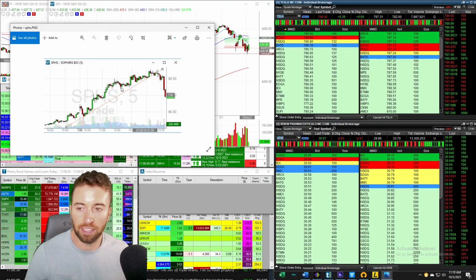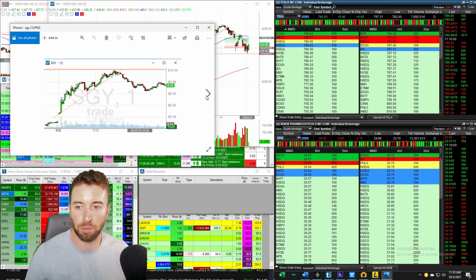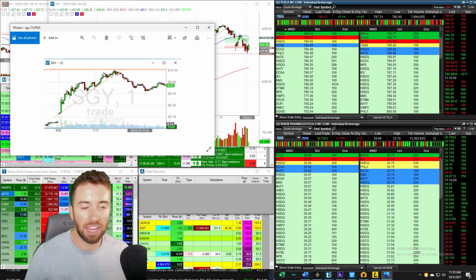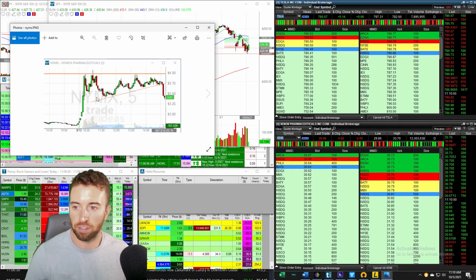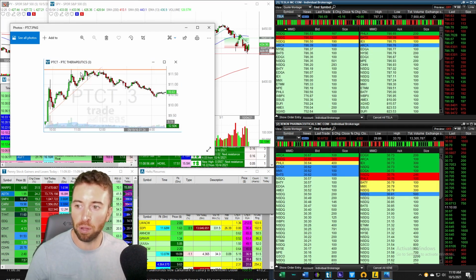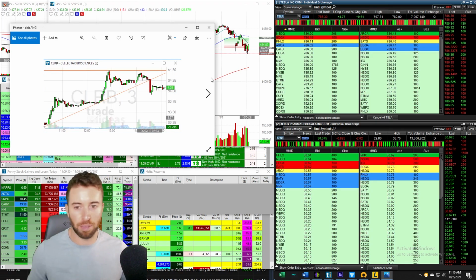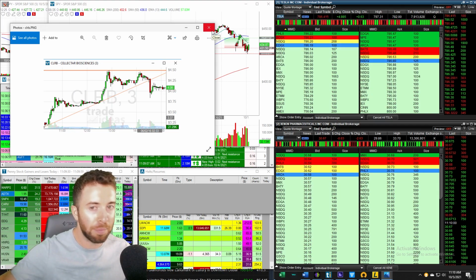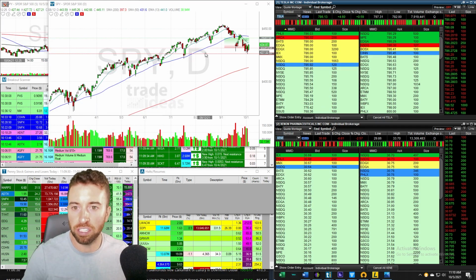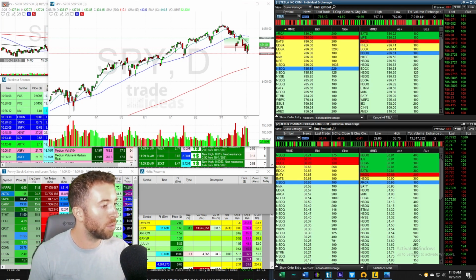Bullish, bearish, bullish, bearish. It's very simple to understand. So anything on the top side of the 13 EMA is going to be considered bullish. And once you go underneath the 13 EMA, that is when you are considered bearish.